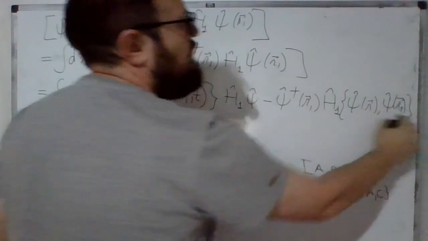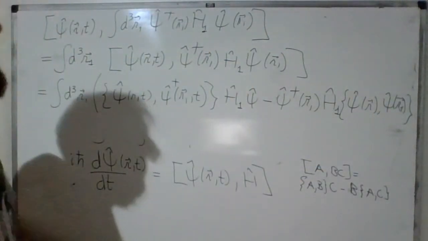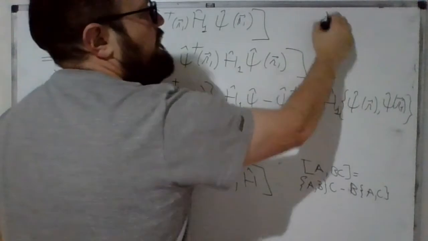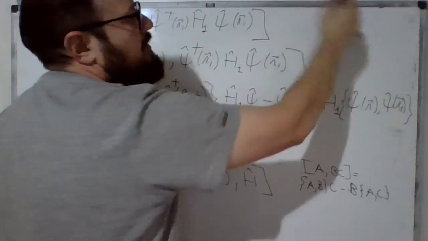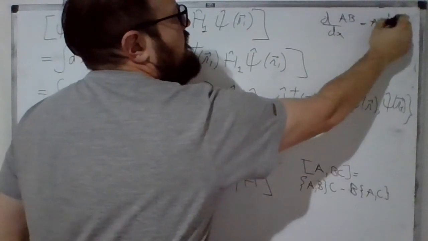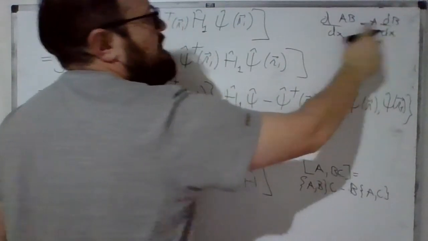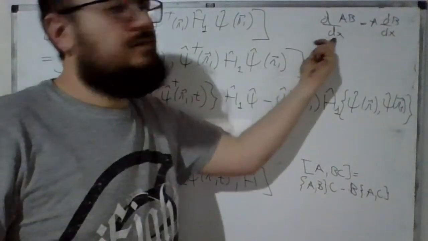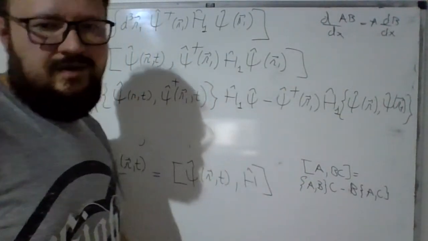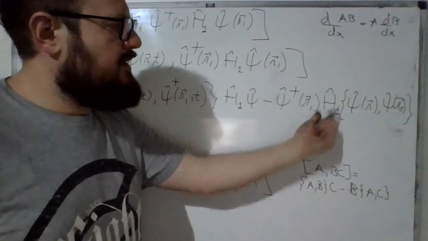I can do that because the derivative of A times B with respect to some variable is just A times the derivative of the second one, since A doesn't depend on that variable. So A is constant with respect to X.